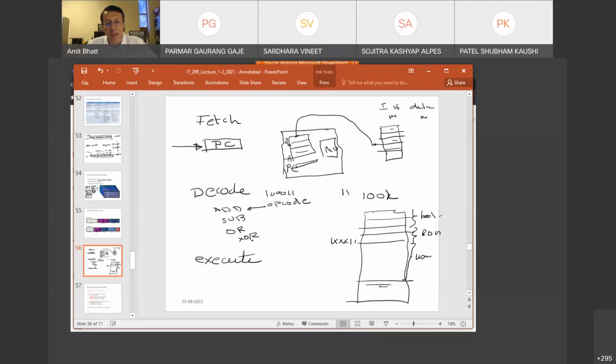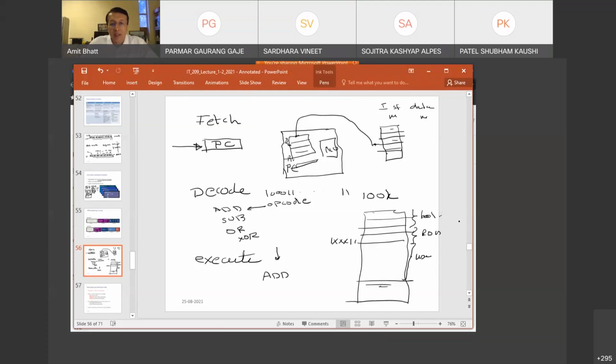Each one would have a separate opcode. So it would first decide, oh, this operation is add. So to the execute stage, it will send a signal: the next instruction which I'm going to send to you, you will have to add something. So tell your ALU that the next operation will be an add operation.